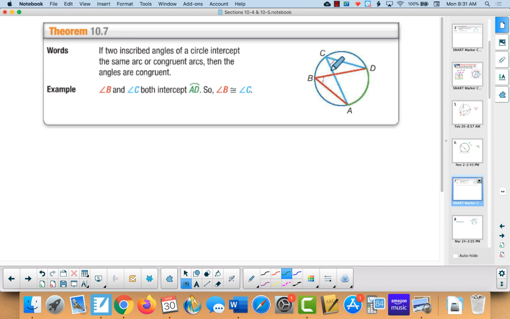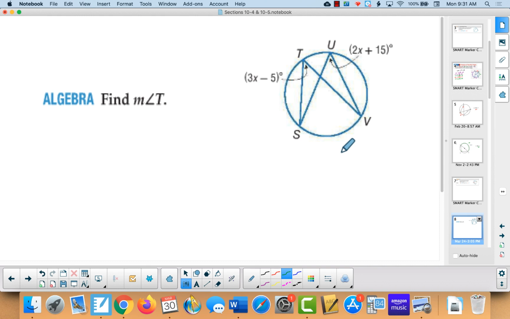In either of those cases, those angles are going to be congruent. So here, because angle T and angle U intercept the same arc, SV, I can say that those are congruent to each other.